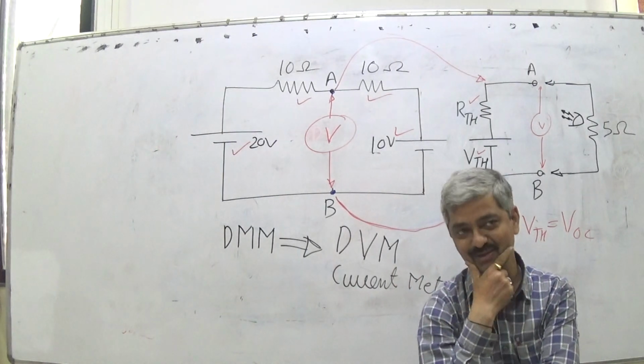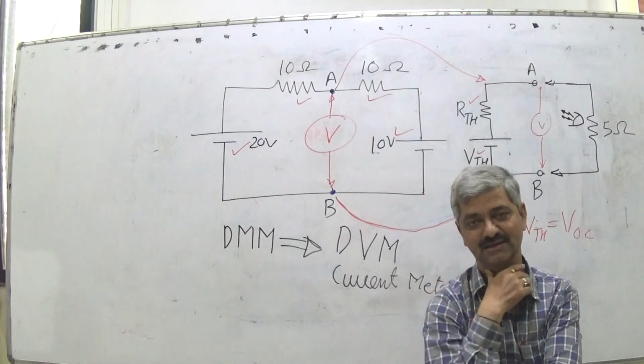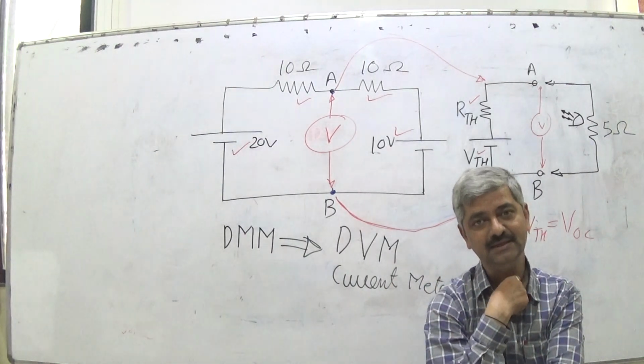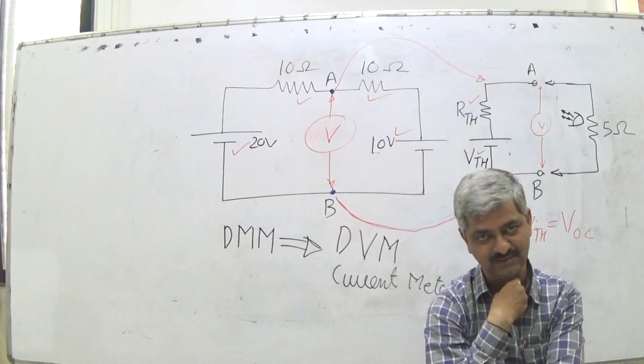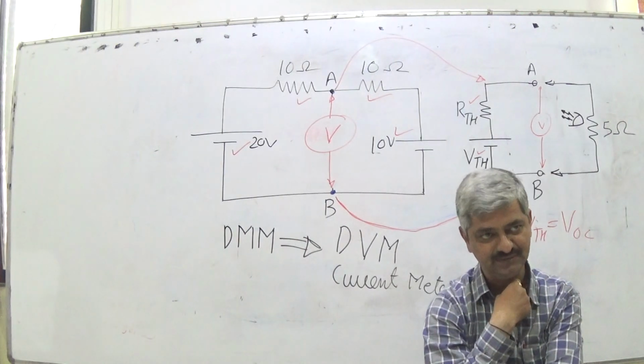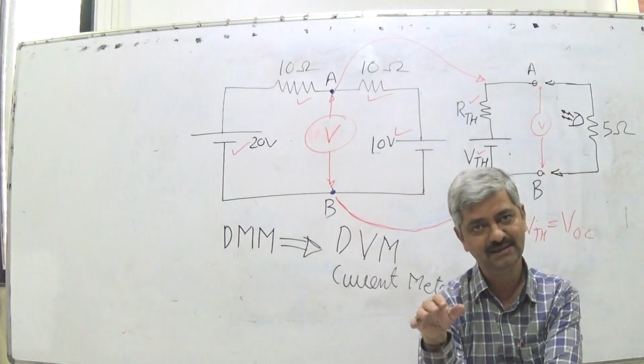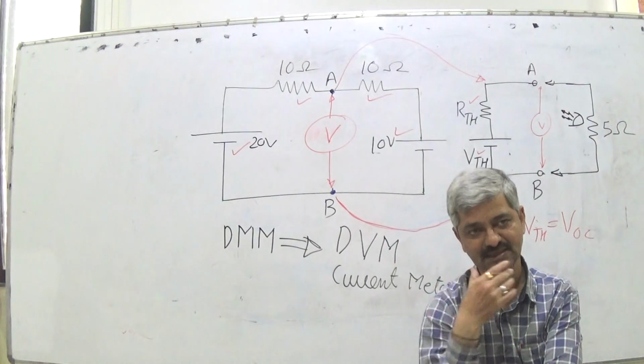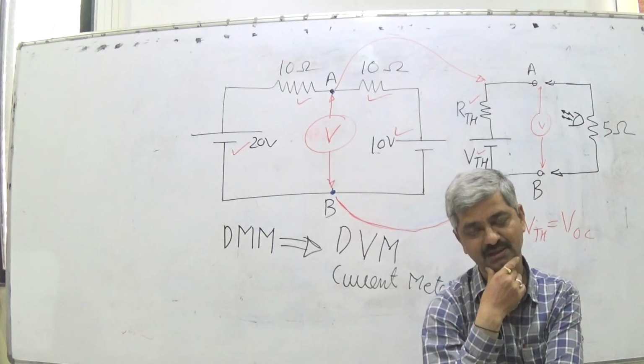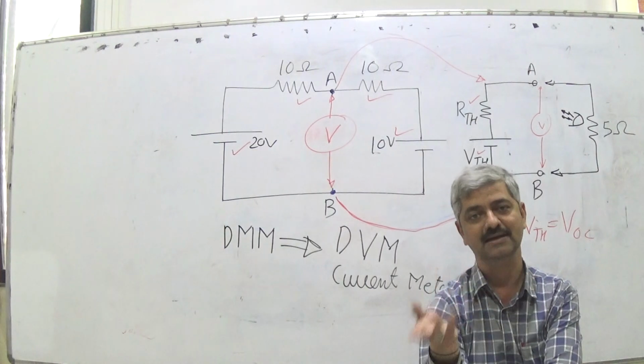In the classical definition of Thevenin's theorem, there is a method given to find VTH and another method to find RTH.